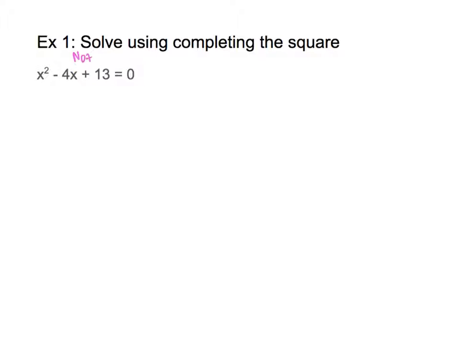It's not factorable. And so when something is not factorable, we have to use something called completing the square. Completing the square basically means forcing a trinomial to be a perfect square.